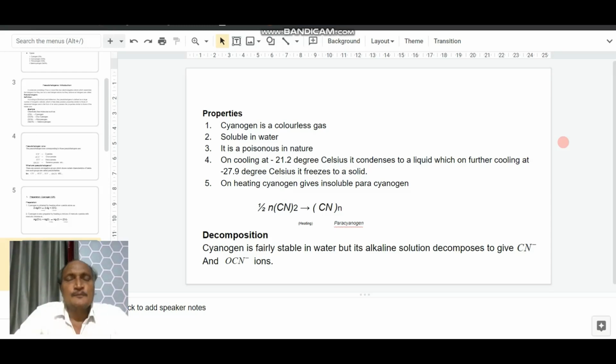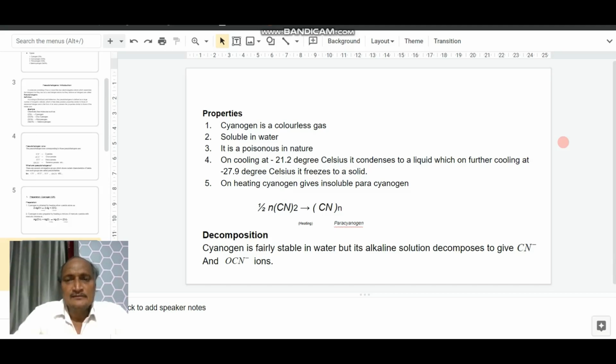Coming to the properties of cyanogen. Here we have to see both the physical and chemical properties. Coming to the physical properties, cyanogen is a colorless gas. It is soluble in water and it is poisonous in nature.